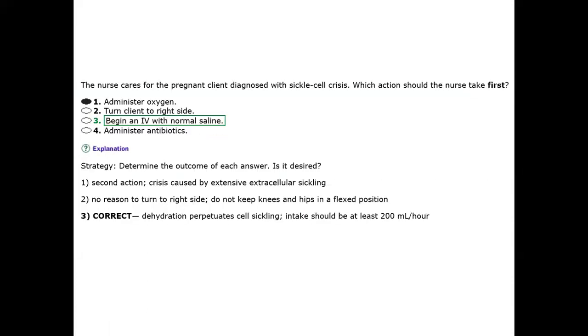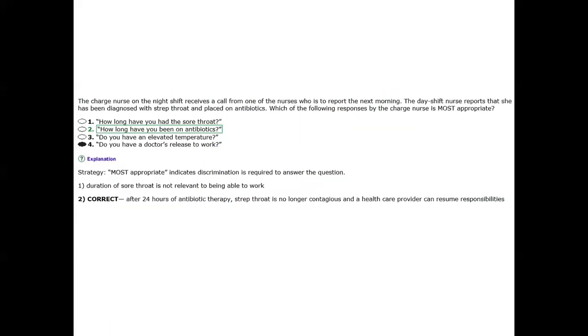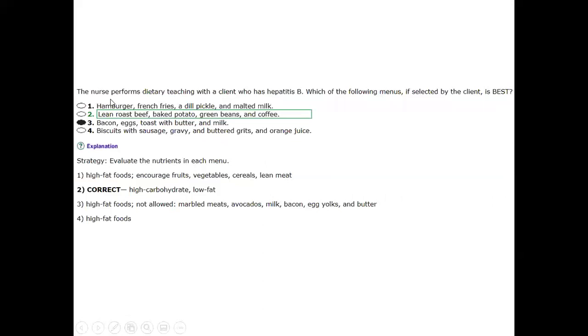And next question here. The nurse performs dietary teaching with a client who has hepatitis. So which of the following menus is good for the patient who has hepatitis, right?